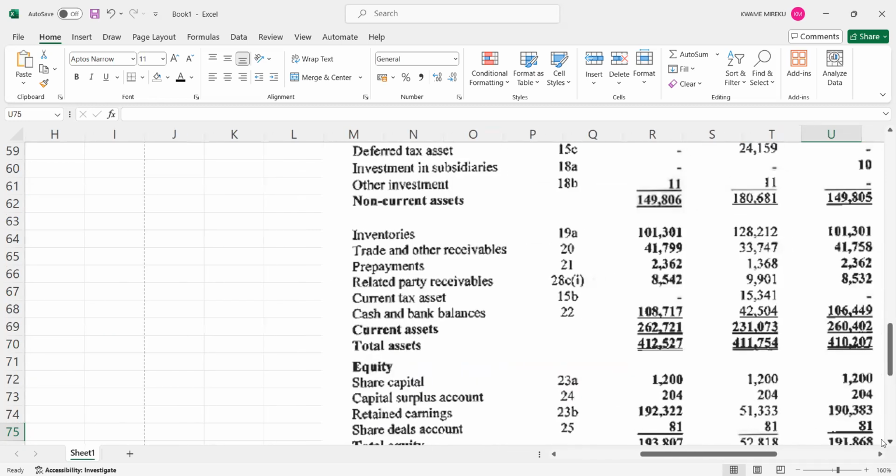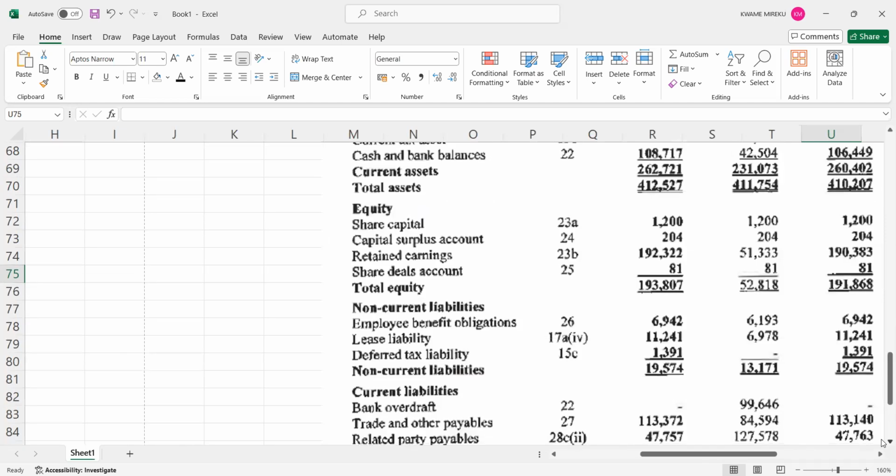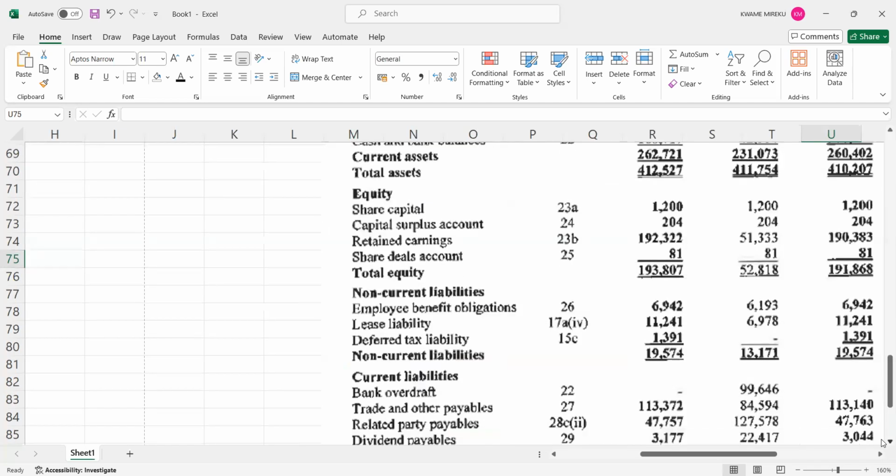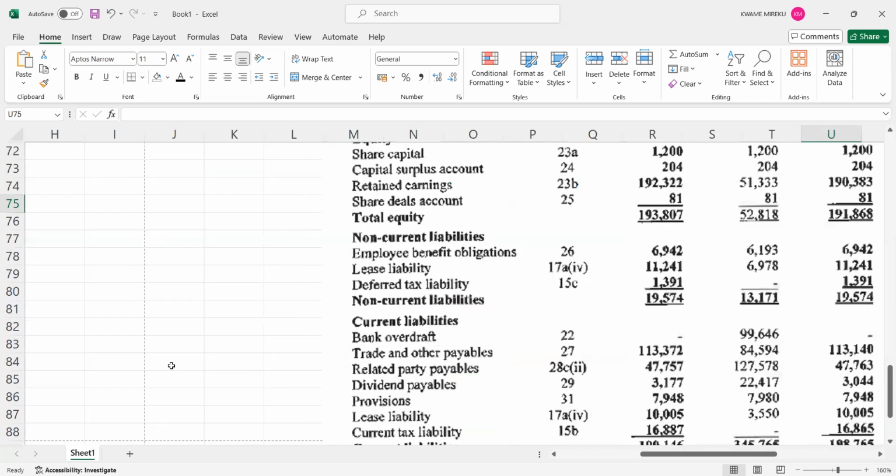Okay, let me go down. Let's see our trade payables, we have them here. Our trade payables are 84,594 for 2023, then you have 113,140.